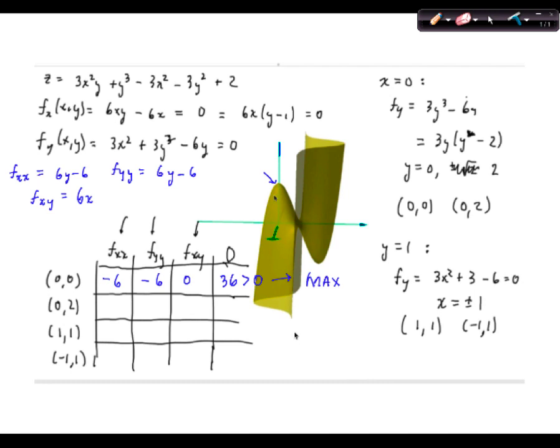Okay, 0, 2. fxx looks like positive 6, is that right? fyy is also positive 6. fxy is 0. So 36 again. It's greater than 0, max or min.